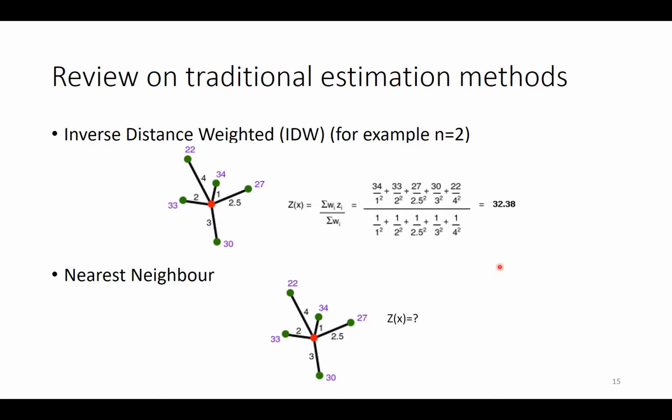At the red location, the values are 33, 22, 34, 27, 30. Which one is the closest? These are the distances: 1, 4, 2. Yeah, 34 is the estimation of the unsampled location. Okay.